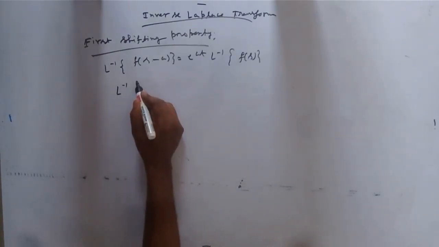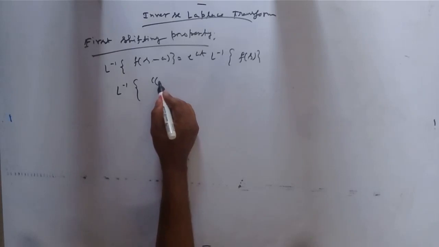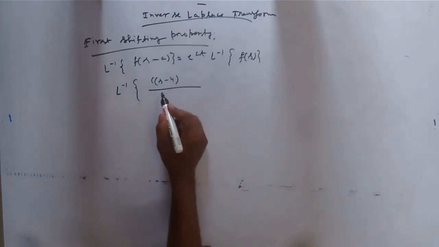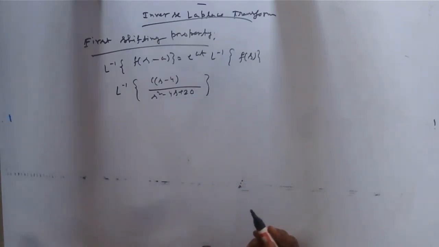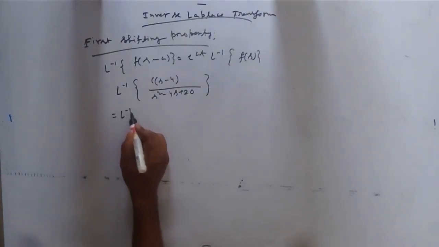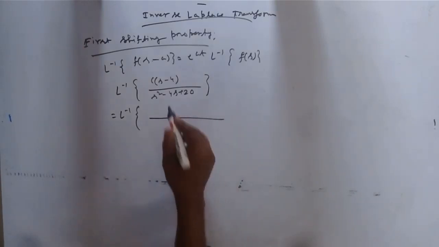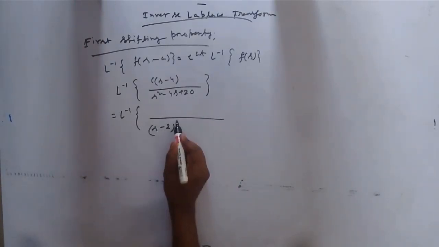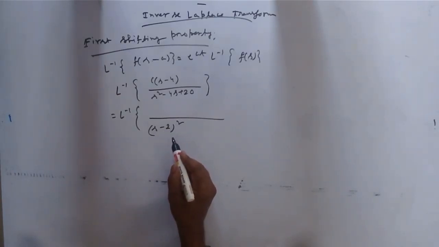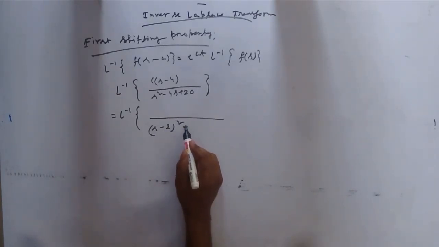Suppose we have to find the inverse Laplace transform of (6s minus 4) by s square minus 4s plus 20. Here the denominator can be written as (s minus 2) whole square, that is s square minus 4s plus 4, plus 4 square.